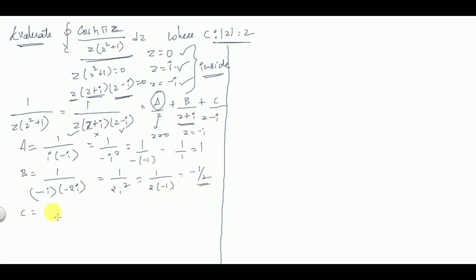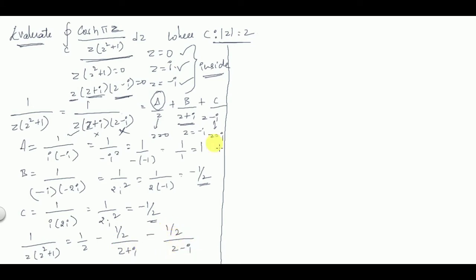Similarly c: just substitute z equal to i, not considering the z minus i term, so 1 by i into 2i, so 1 by 2i square, so it will be minus 1 by 2. Okay, so 1 by z into (z square plus 1) can be written as 1 by z minus 1 by 2 by (z plus i) minus 1 by 2 by (z minus i).